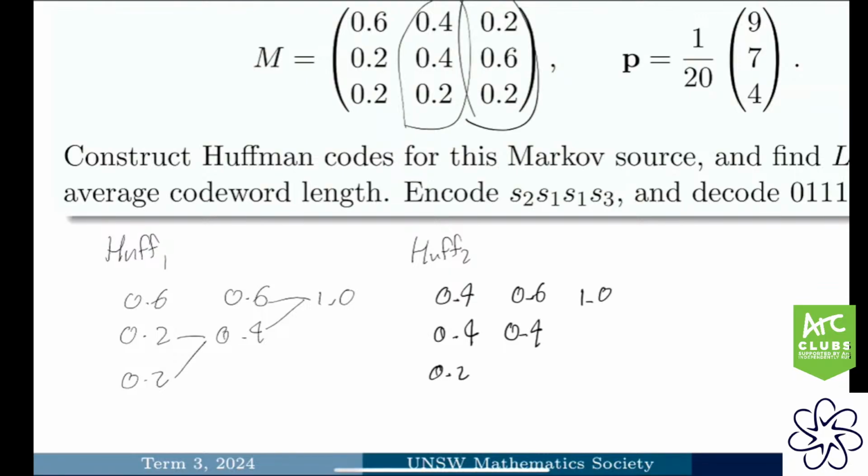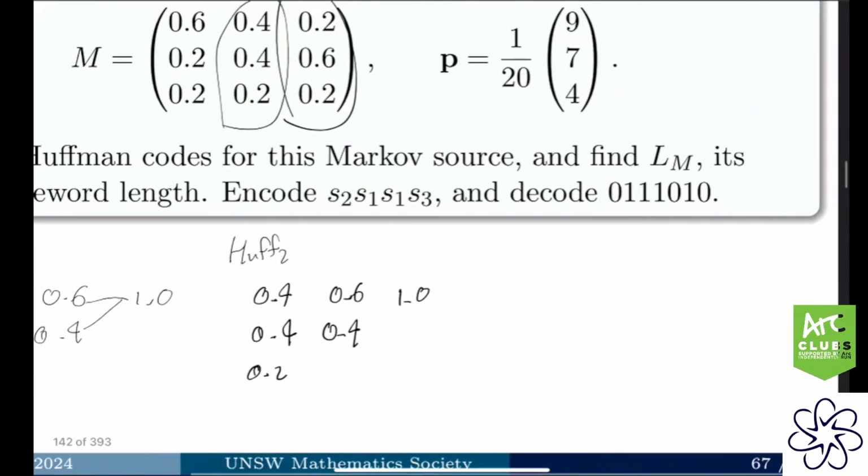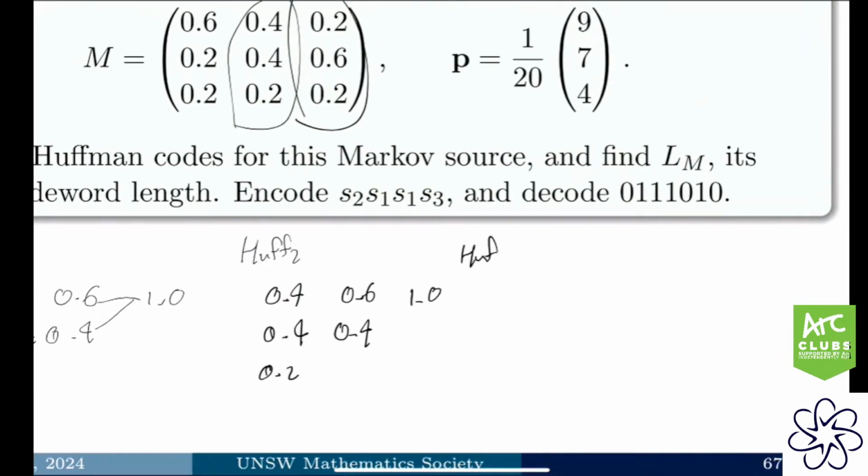then 1.0. Then we have Huff 3, which is just going to be 0.6, 0.2, 0.2. This is going to be 0.6. Because this is not in order, this is S2, this is S1, this is S3, I have to reorder them for the Huffman algorithm.